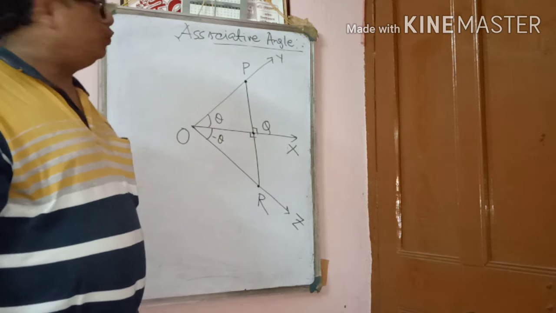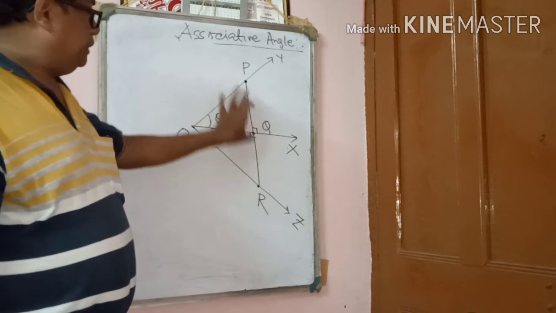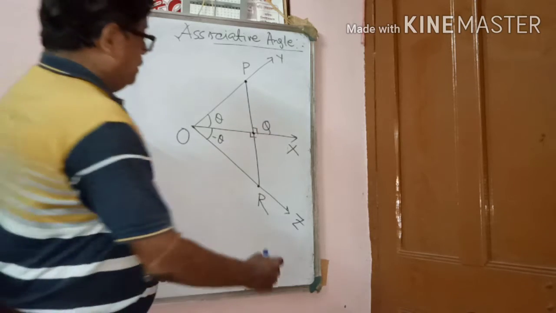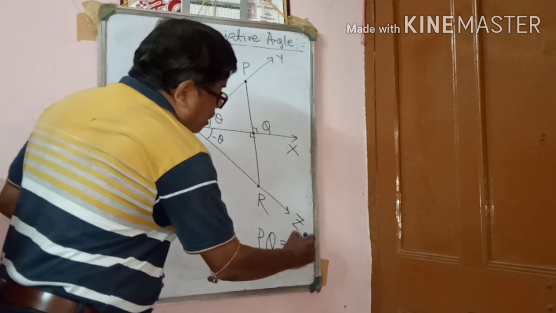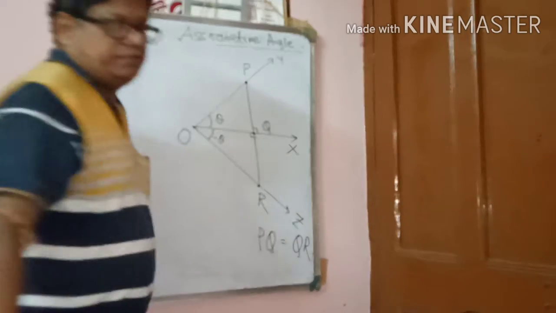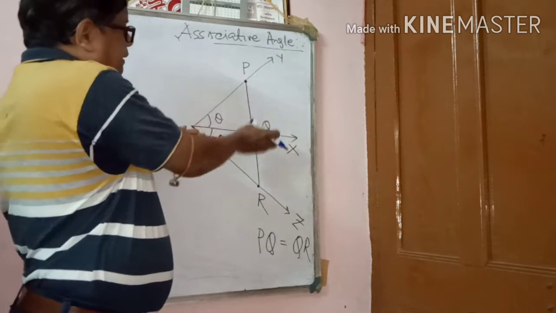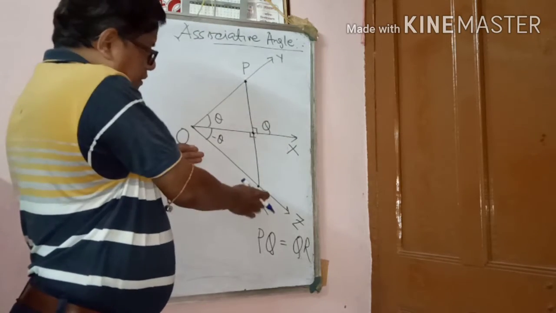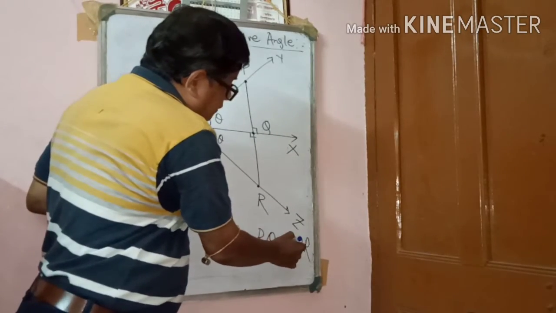Since they are congruent, we can say the side PQ equals QR. I am writing PQ equals QR. But just see the direction: if we consider this the first quadrant, then that side is the fourth quadrant, down, so it will be negative, right?